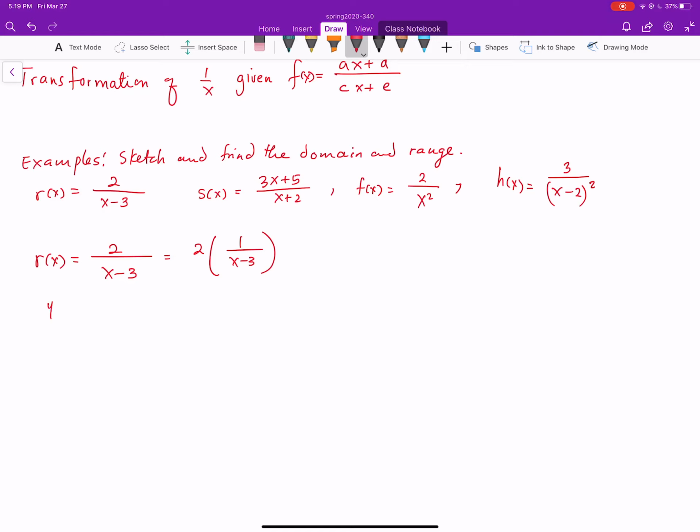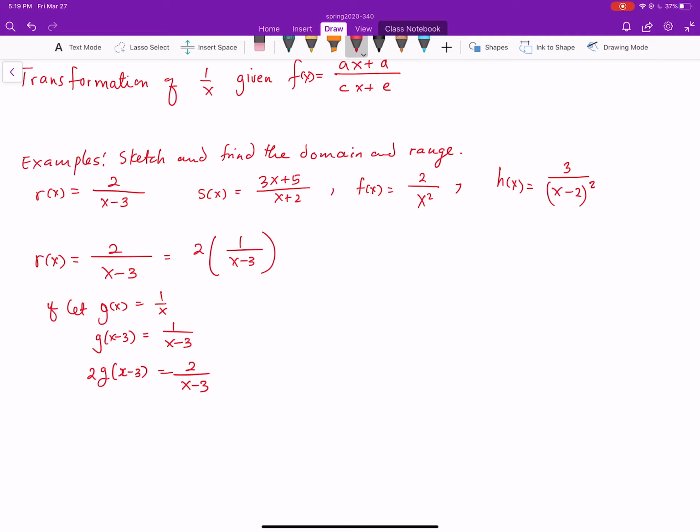If I let g of x be equal to 1 over x, then all I see is a shift to the right, so I get x minus 3, so I get 1 over x minus 3, and then a stretch by 2. So I end up with 2 over x minus 3.